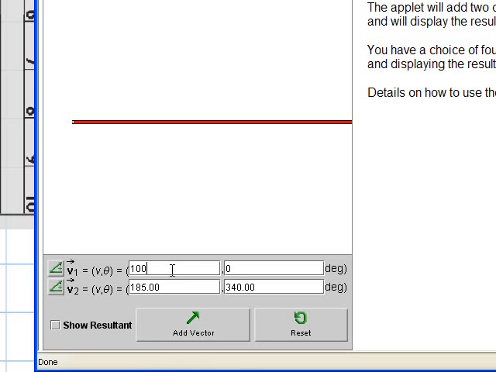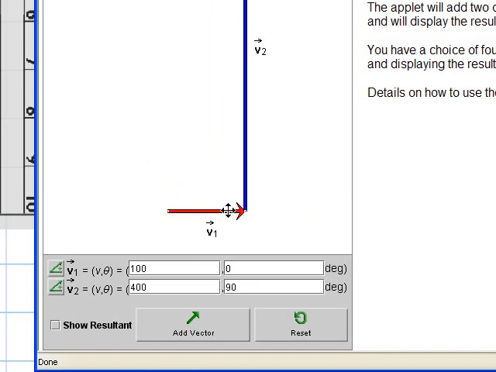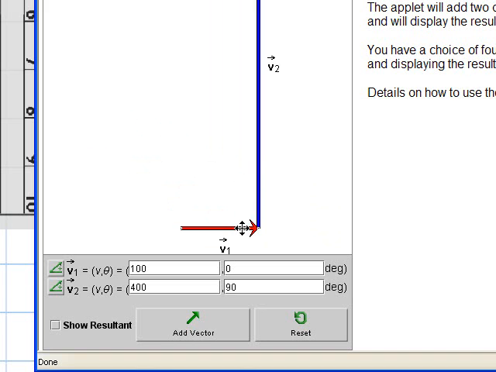So in this case I take my 1000 divided by 10, so I have 100. The second vector was 4000 newtons, but I scale it down to 400, and it points up at 90 degrees. See, even that gets off the screen, but if I scaled it down to tens, it would be actually worse.